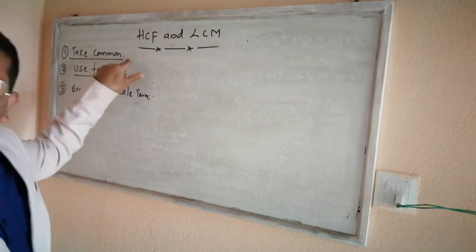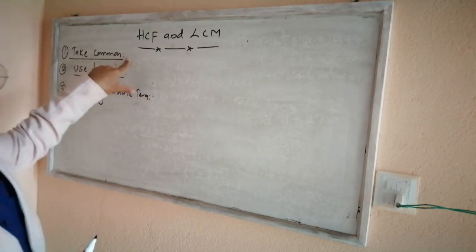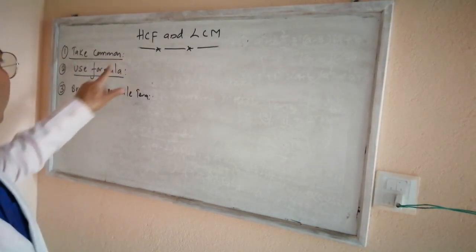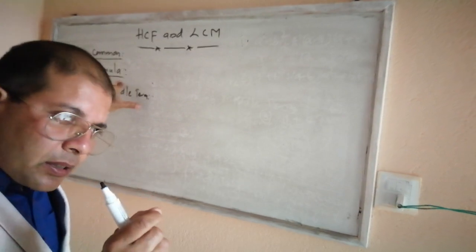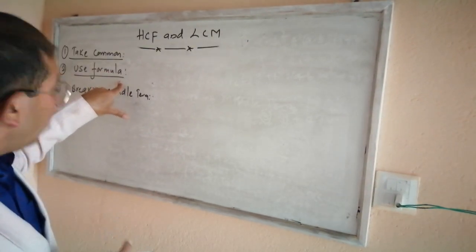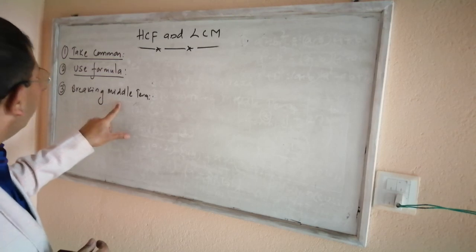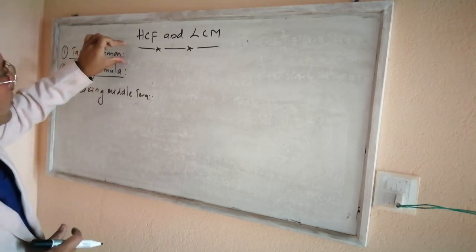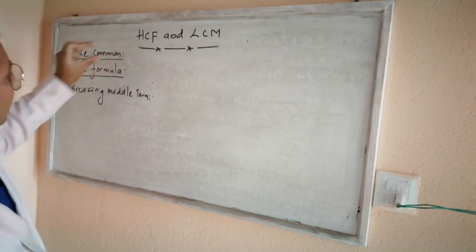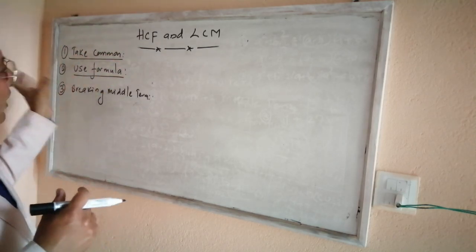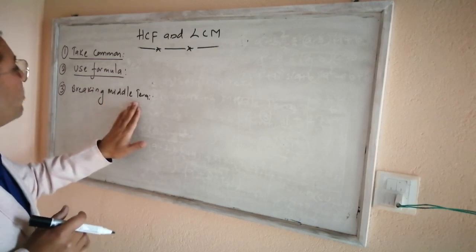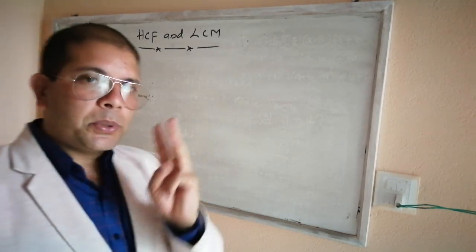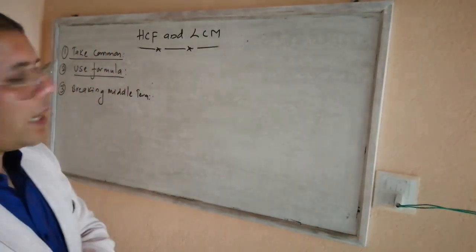In the first method, we may have two or more terms that you can take common. If there is a common term, you can take it. In the second method, think about the common term, then use the formula. And in number 3, breaking the middle term, you should first check if there is any common term. Take it common. If there is any formula, use the formula. And after this, break the middle term. For breaking the middle term, you must have 3 terms. Otherwise, you can do the other methods.